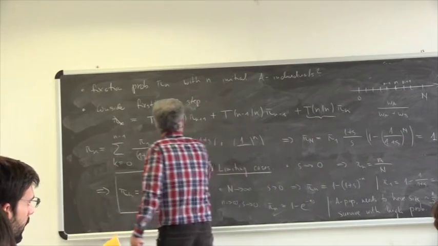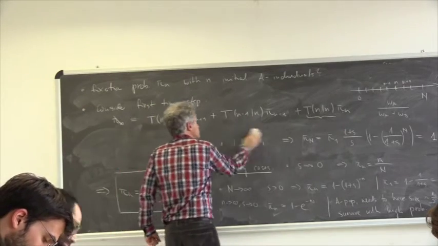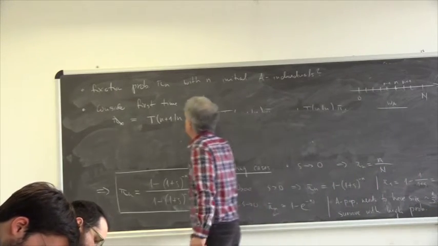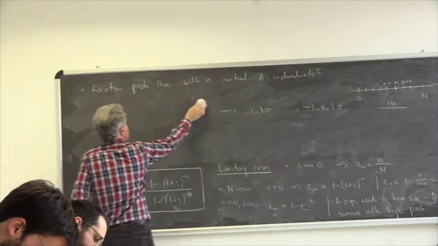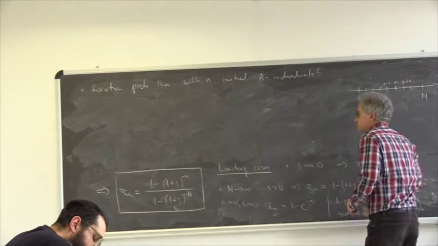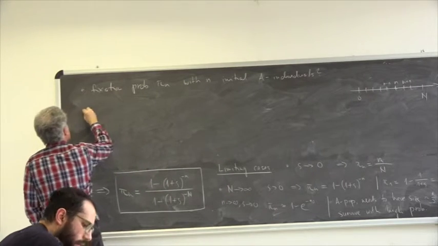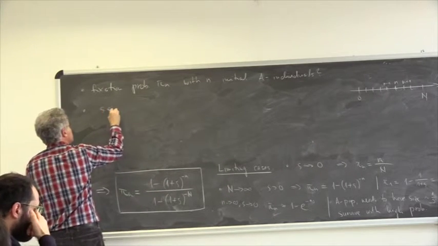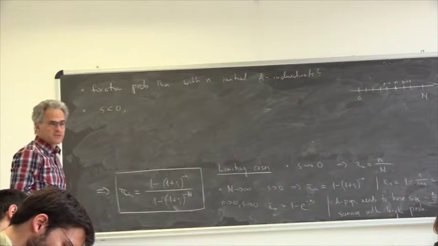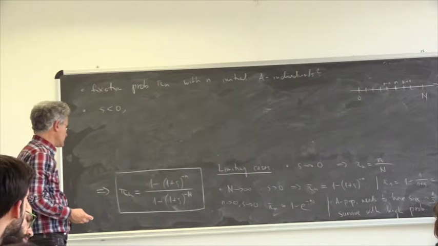On the other hand, you can also look at mutations that have a negative effect. So let's suppose s is negative. Negative s, of course, only makes sense when s is greater than -1, so that the fitness does not become negative.